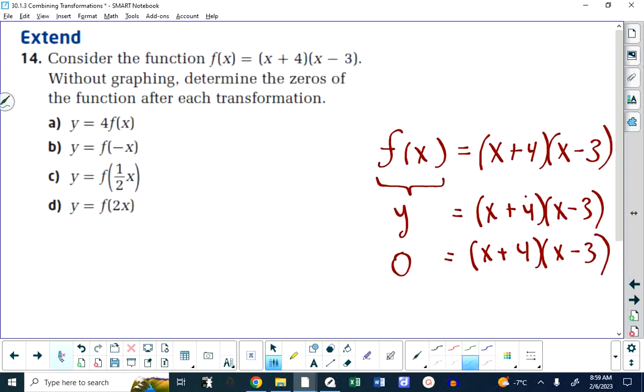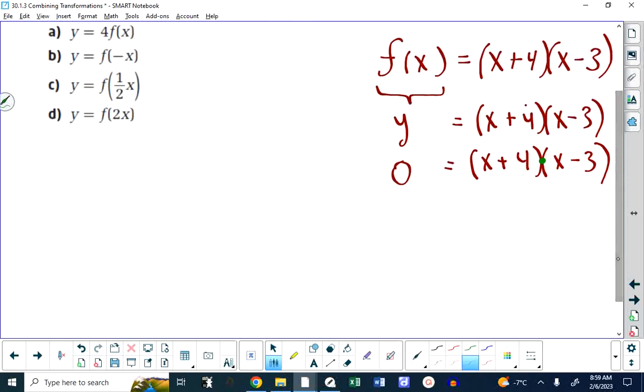This becomes important for the next unit. This is a product, and the only way you can multiply two things together and get them to be equal to 0 is if either one of them is 0. So this is why we end up in Math 20 saying x plus 4 can equal 0 to produce an x-intercept, or x minus 3 can equal 0.